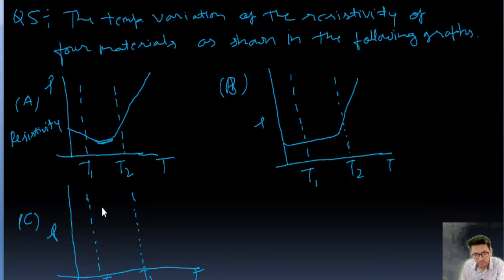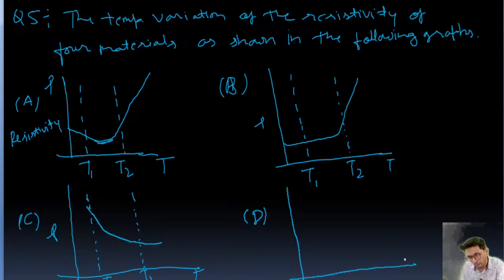And option D. This is temperature T1, T2, and this is resistivity. The graph is given like this.